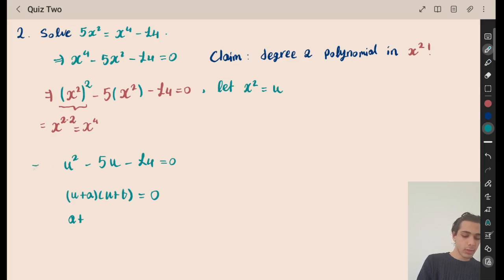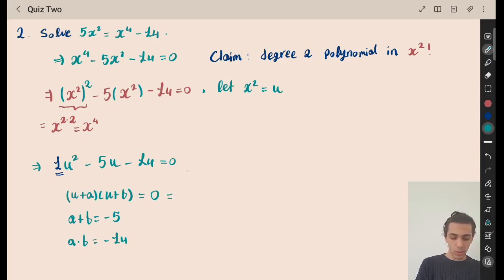This is a special property of polynomials which are of degree 2 and have a coefficient of 1: if you add a and b, you'll get this number in the middle, so it will be minus 5. And if you multiply a by b, you get minus 14. So we need two numbers that add up to minus 5 and multiply to give minus 14.